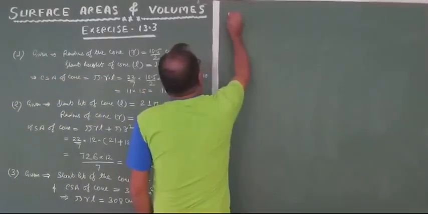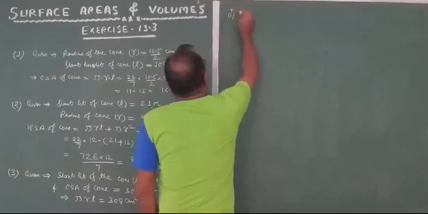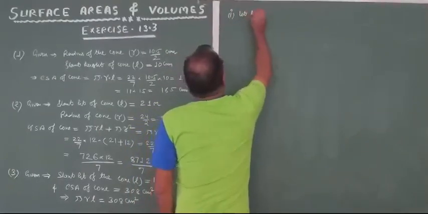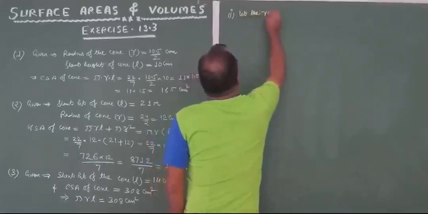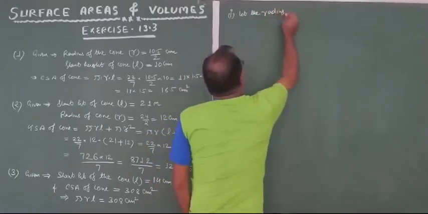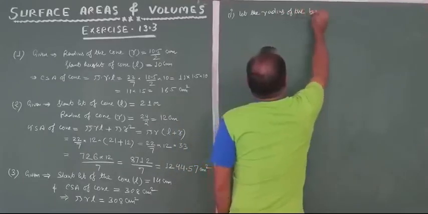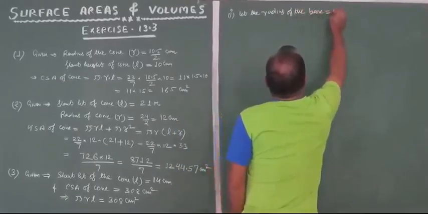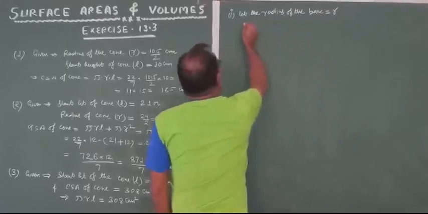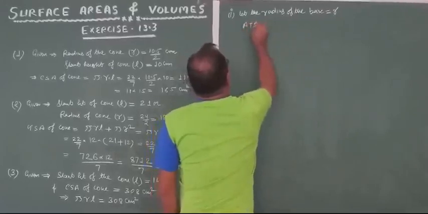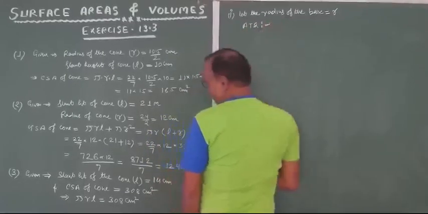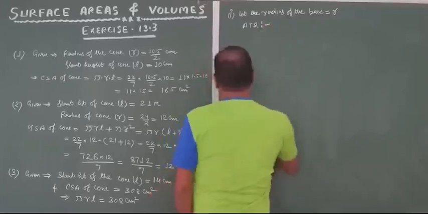First part, let the radius of the base is R. Therefore, according to question, the CSA is given 308 centimeter square.